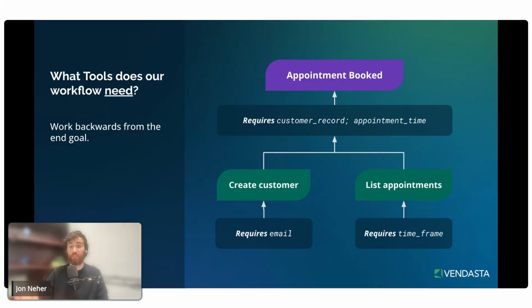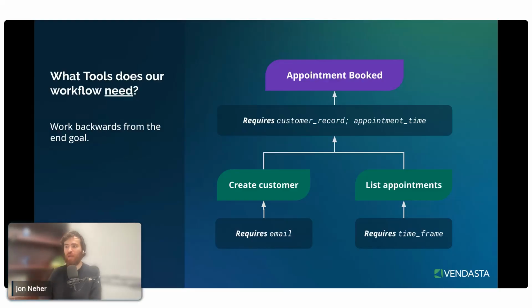Now, when we're doing this in a workflow, we do need to consider how we're going to put all of these different tools together here. This create customer is a tool, this list appointments is a tool, and this appointment booked, I should have really called it create appointment, that is a tool.